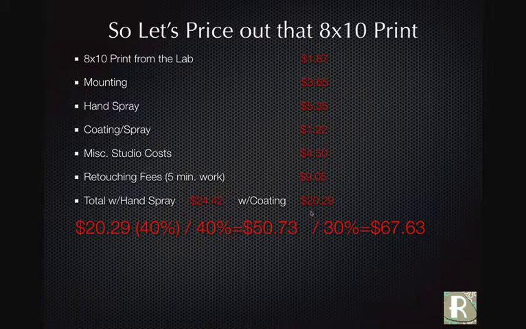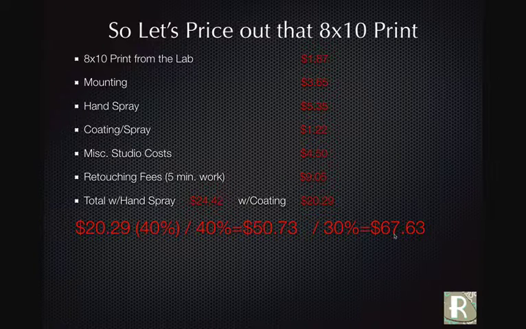So we have our $20.29, which is the value with coating, divided by my cost of goods, which I've set at 40%, and we need to sell that particular item, that 8x10, for $50.73. If we had a 30% cost of goods, we would still take the same $20.29 and divide it by 30%, and that would equal $67.63.